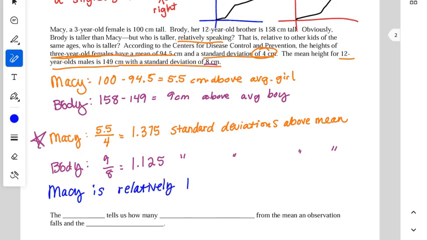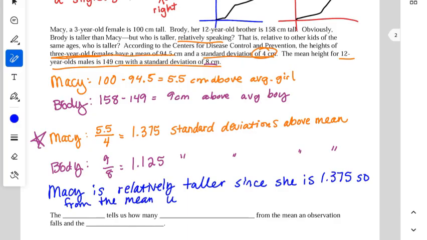So Macy is relatively taller since she is 1.375 SD from the mean, while Brody is 1.125, and it should be centimeters because whenever you do standard deviation, you use the same units.